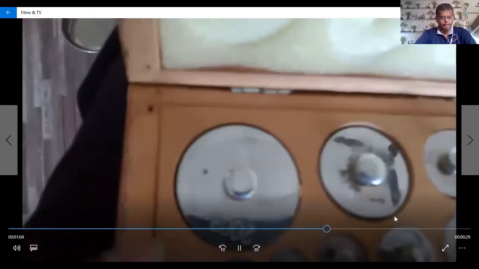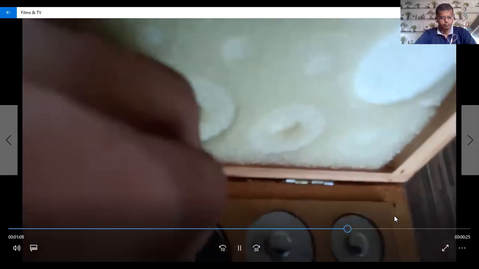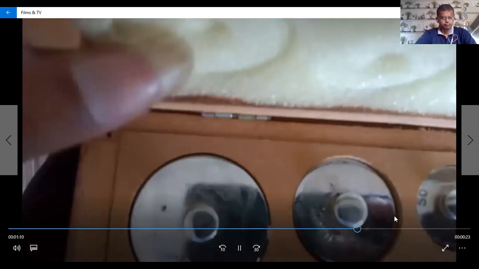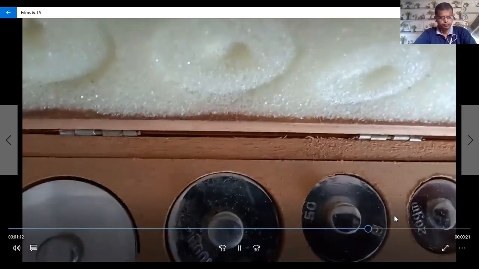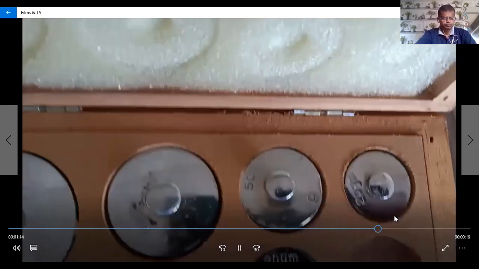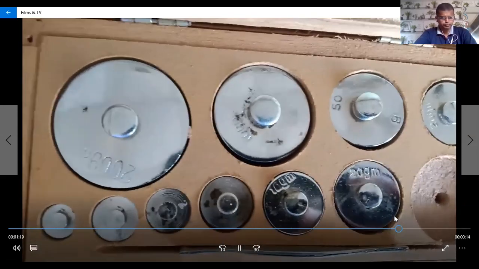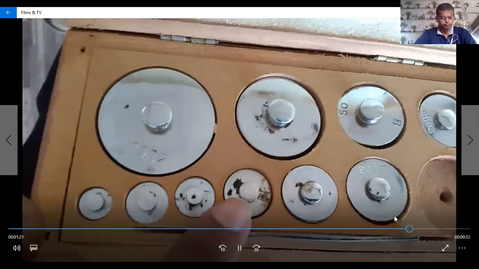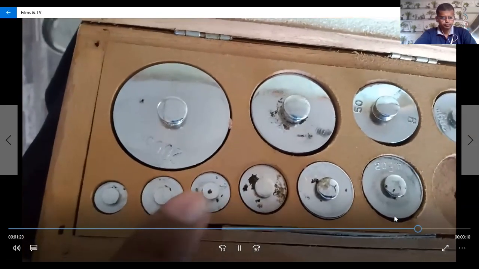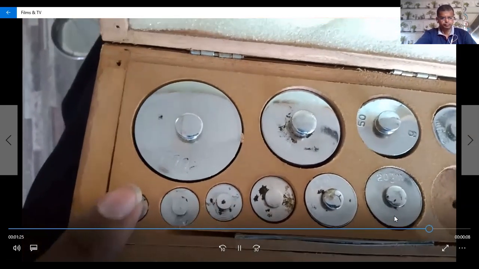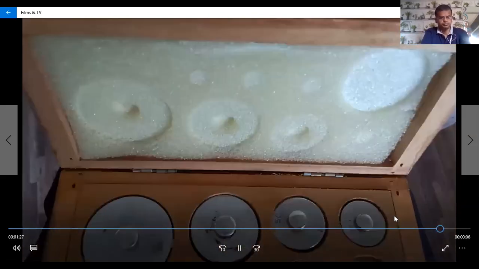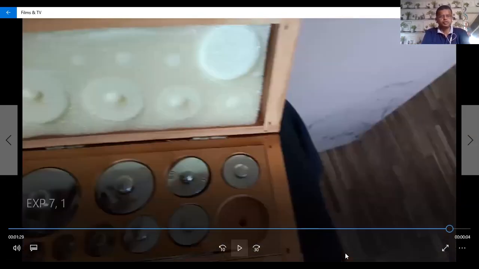So it is an introduction: a 200 gram weight, a 100 gram weight, then a 50 gram, 20 grams, 20 grams, 10 grams, and very small ones: 5 grams, 2 grams, 2 grams, and 1 gram. So these are the weights we show today. This is the starting introduction.